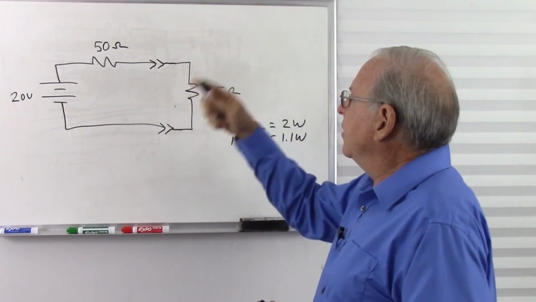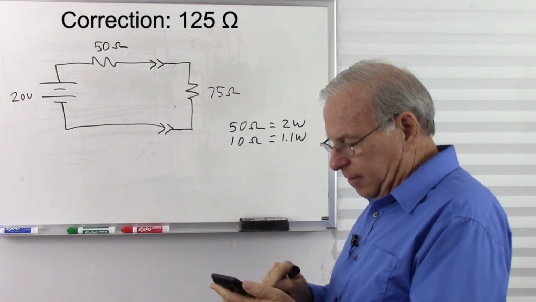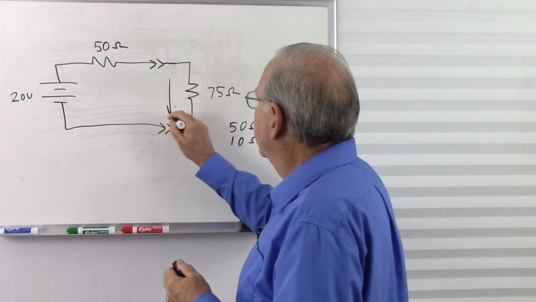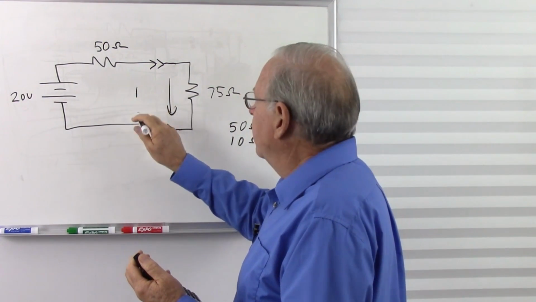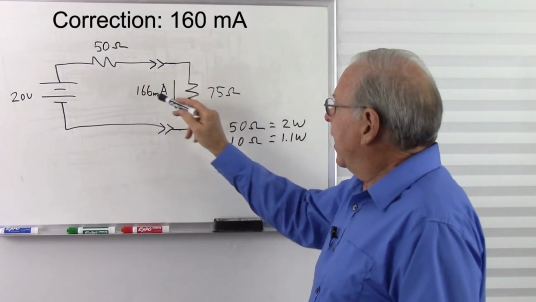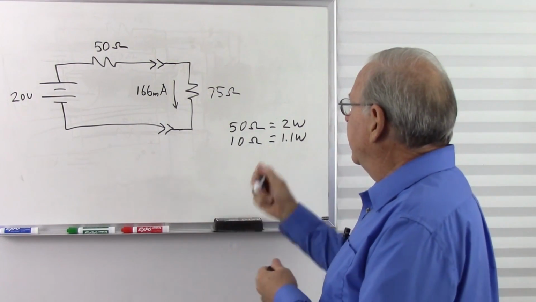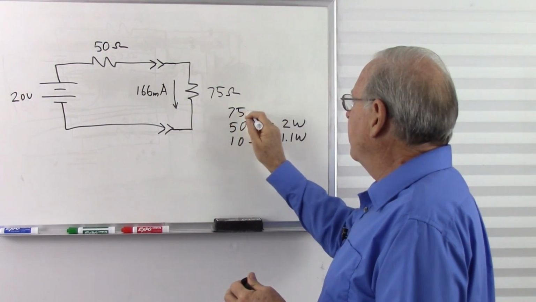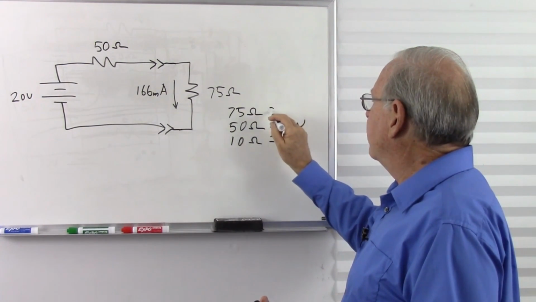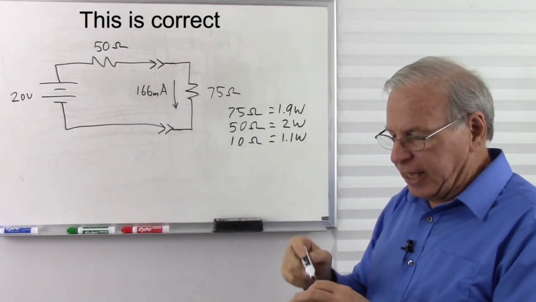Now we have 50 and 75, that's going to be 125 ohms. 20 divided by that gives us a current of 166 milliamps. We square that, multiply it by the 75 ohms. So we do that and we come out with, at 75 ohms, a higher power? No. We have 1.9 watts. So notice the power dropped again.